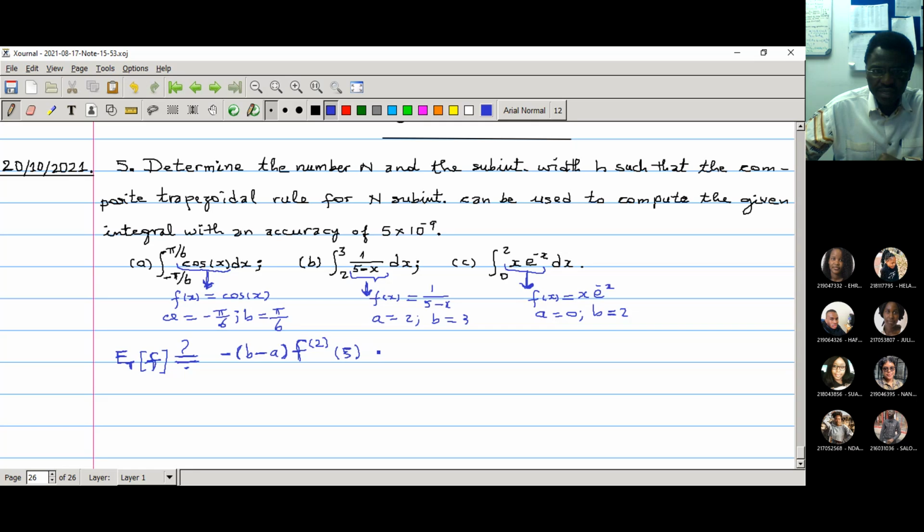There's something else we need to add here. And then we divide. Then there's h squared divided by 12. Divided by what? By 12, sir.